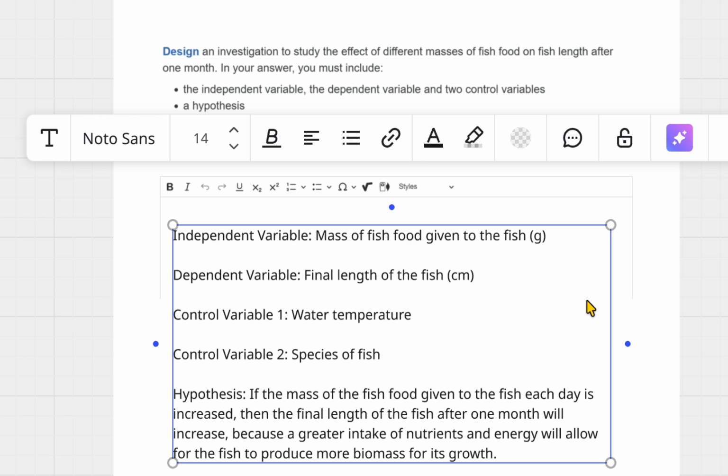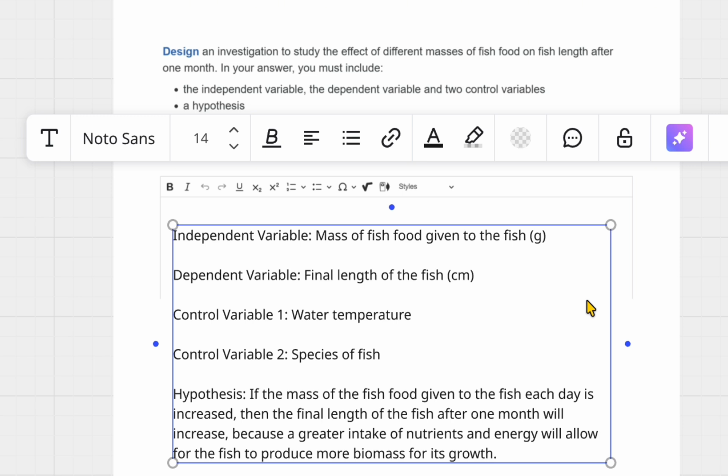And then the biggest part is the because, needed because you're supposed to explain why it happens, why the final length of the fish will increase. So the because is going to be because a greater intake of nutrients and energy will allow for the fish to produce more biomass for its growth. So this is the biggest part where we explain why and how the if and then part gets affected, like how the if affects the then.